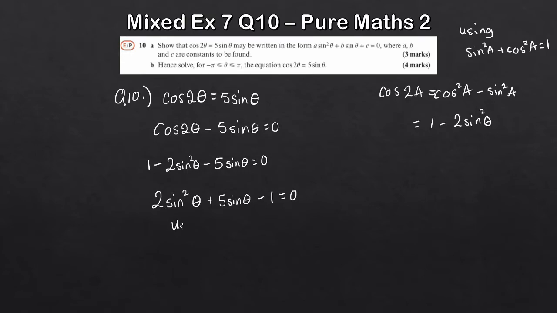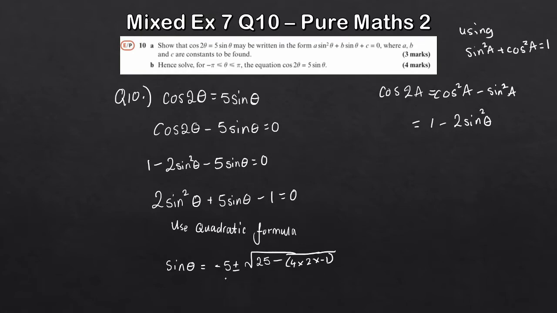So use the quadratic formula. So in that case, we're solving for sine theta here. So sine theta is going to be equal to minus b, so minus 5 plus or minus the square root of b squared, so 5 squared, so that's 25, minus 4 times a, which is 2, times c, which is minus 1.